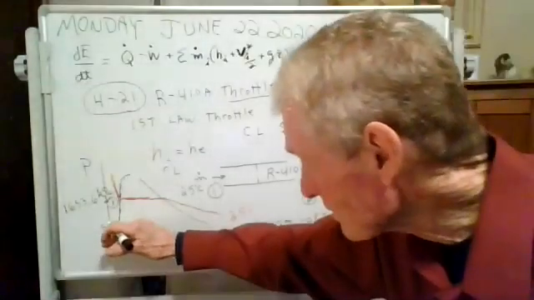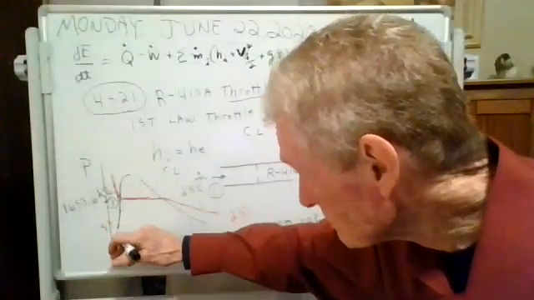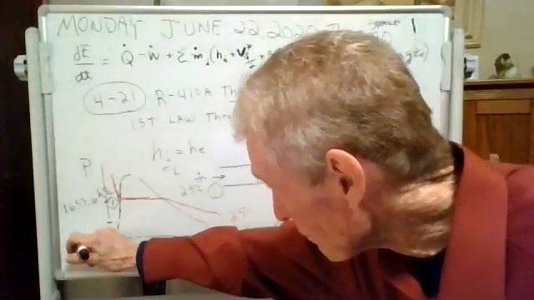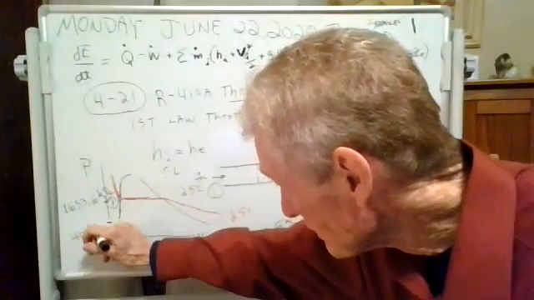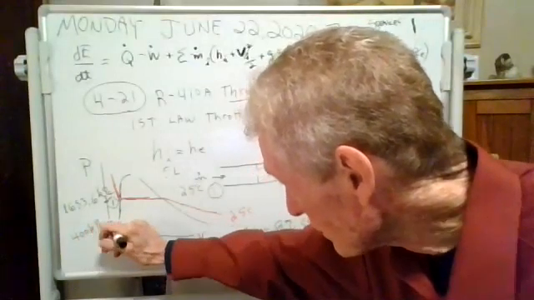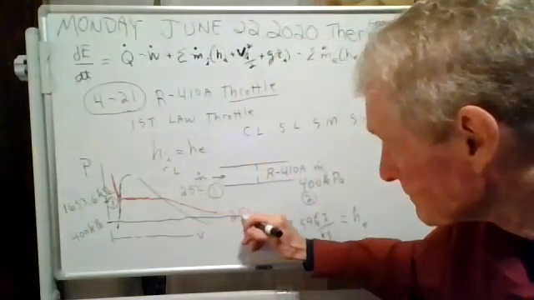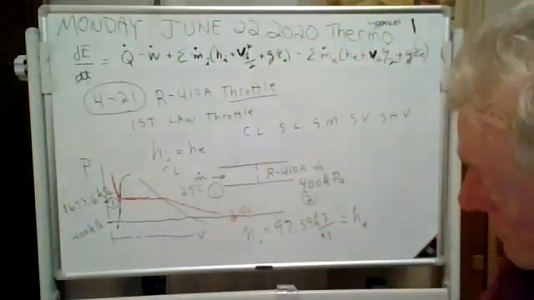Well, 400 is down here someplace. We know that we are on the 400 line someplace.